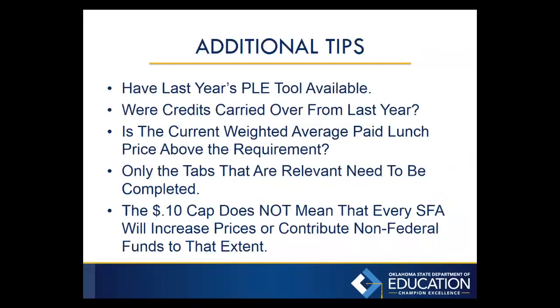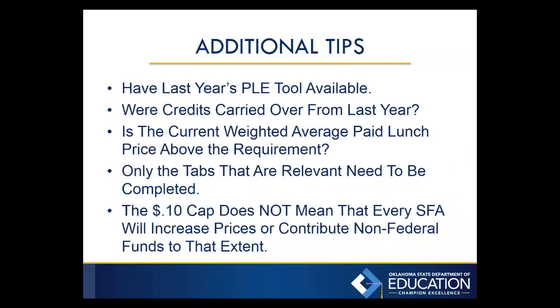You're going to only have to complete the tabs that are relevant. So like I said a few minutes ago, you can raise your lunch pricing, you can contribute non-federal funds, or do a combination. So if you're just going to raise your full paid lunch pricing, you don't need to do the non-federal fund tab in there. You can leave that out.